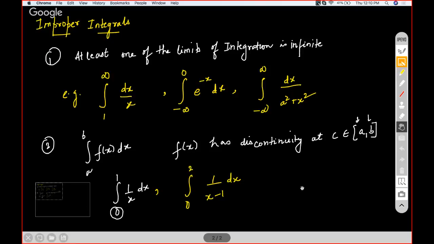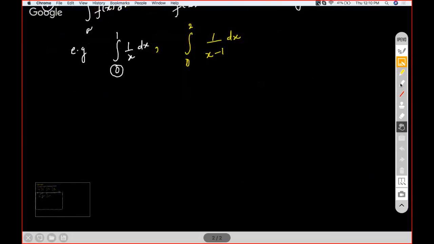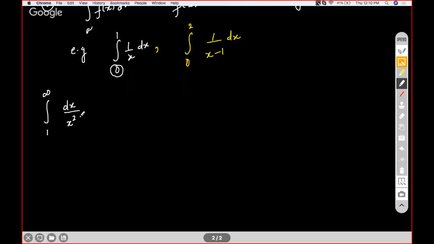Now, how do I evaluate such questions? I'll take an example of a type 1 improper integral where one of the limits is infinite. For this, we break the integration as 1 to b, and we put the limit as b tends to infinity.